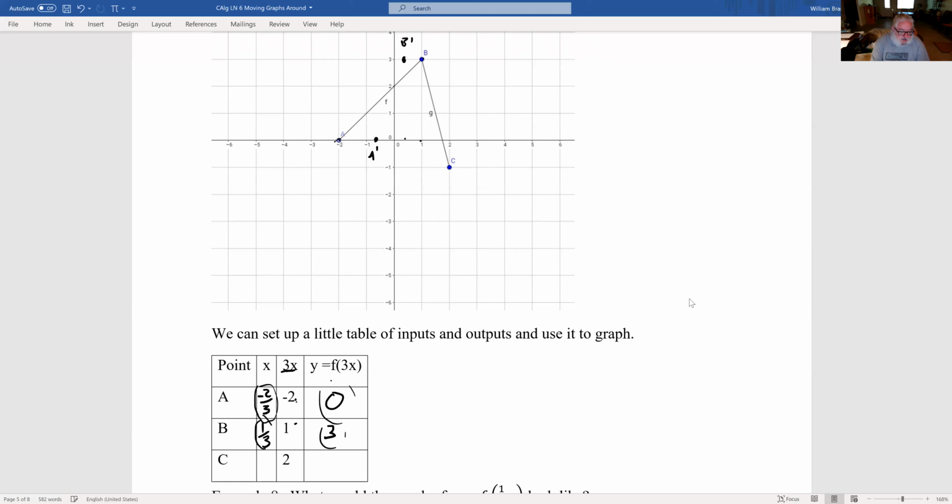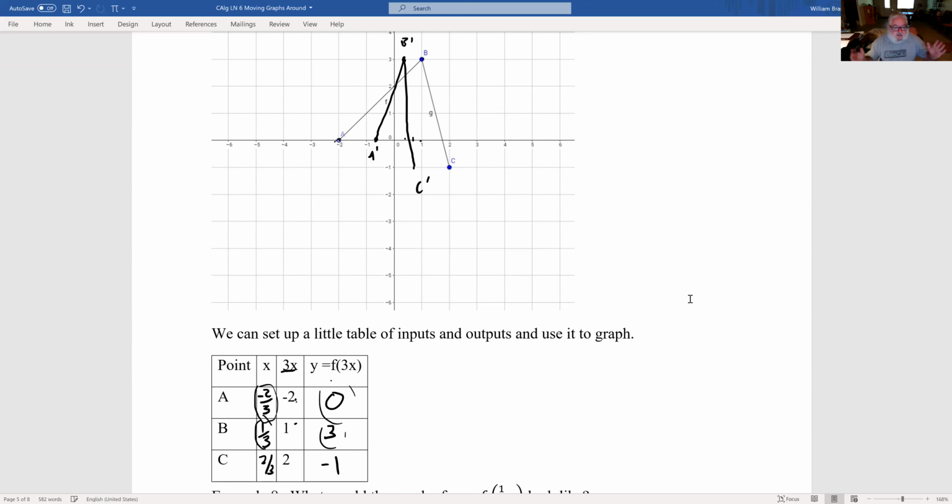And c prime, same kind of thing. If we want 3x to be 2, then x must have been 2/3, and the output is going to be -1. So 2/3 is about here, and then -1. So our graph ends up looking like that.